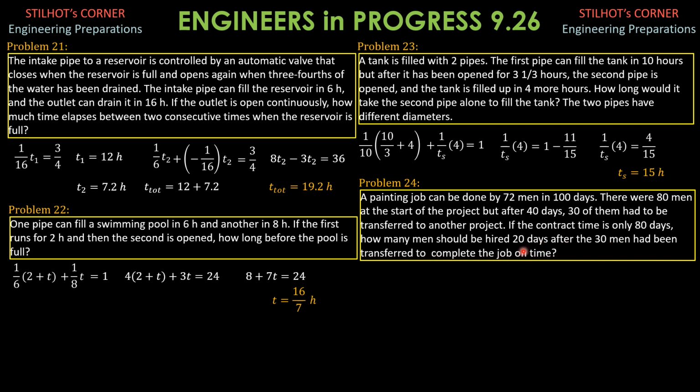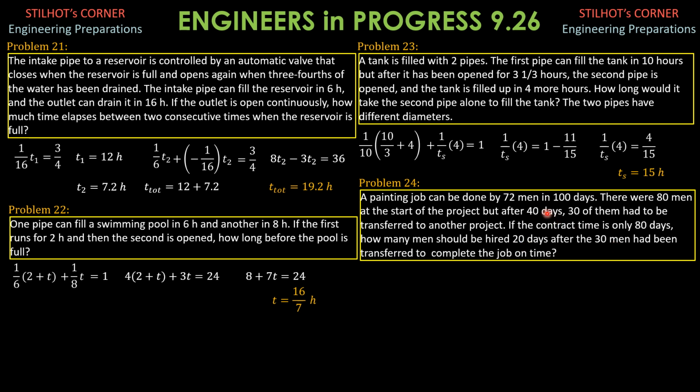So meaning to say, 20 days after the 30 of them had to be transferred to another project, we need to hire another number of men to complete the job.